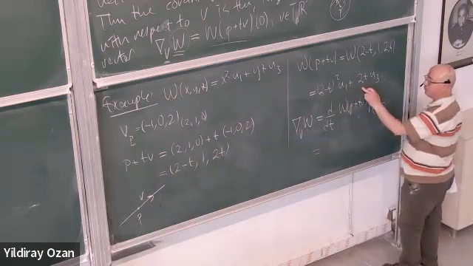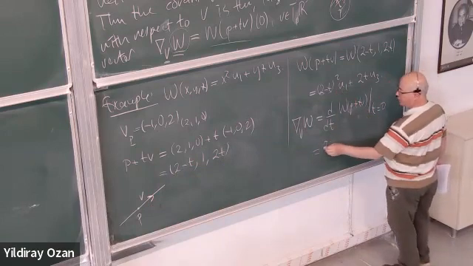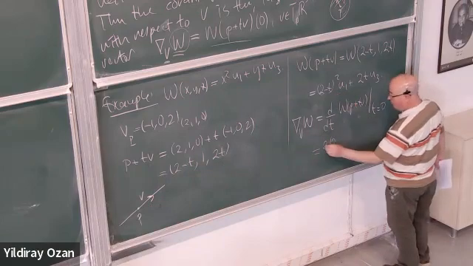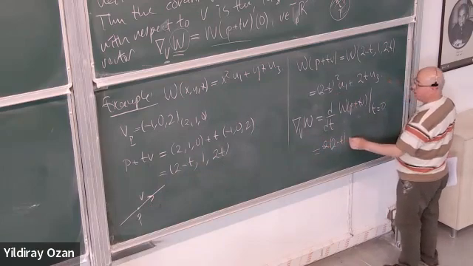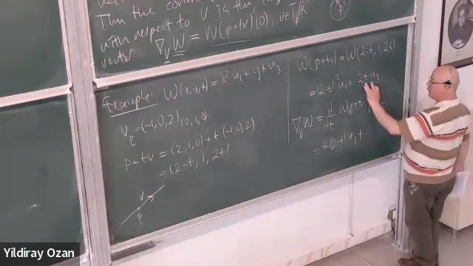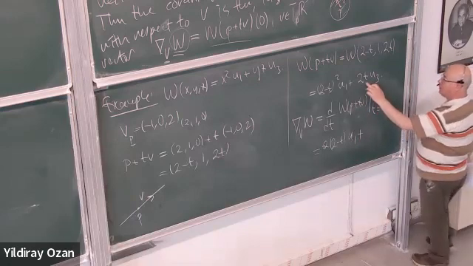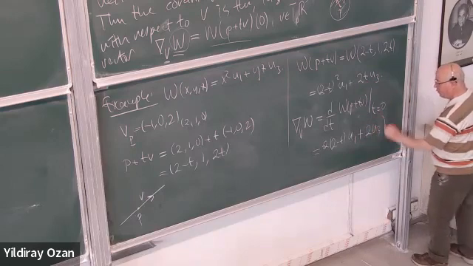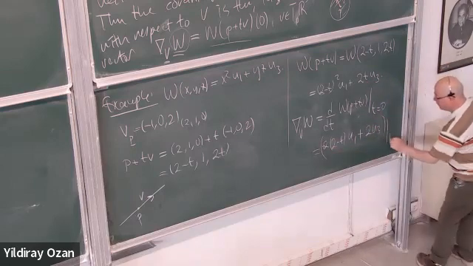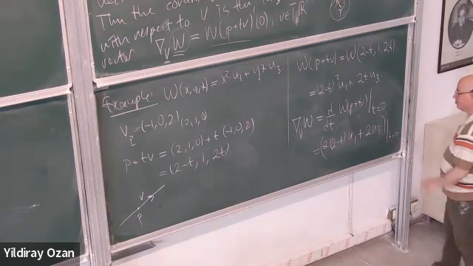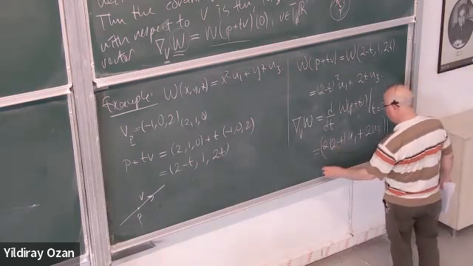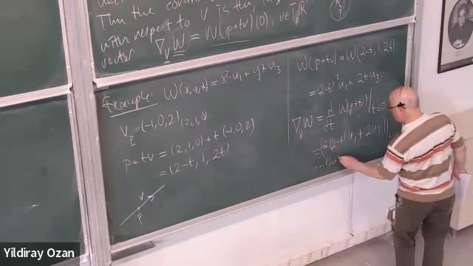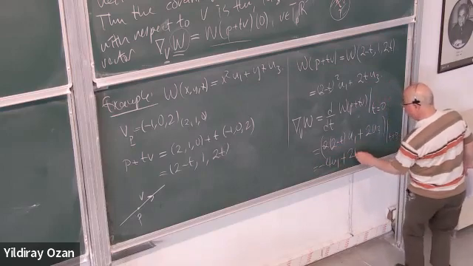The derivative is 2 times minus (2 minus T) u1, plus 2 u3. You need to compute this at T equals 0. When you plug T equals 0, you get minus 4 u1 plus 2 u3.